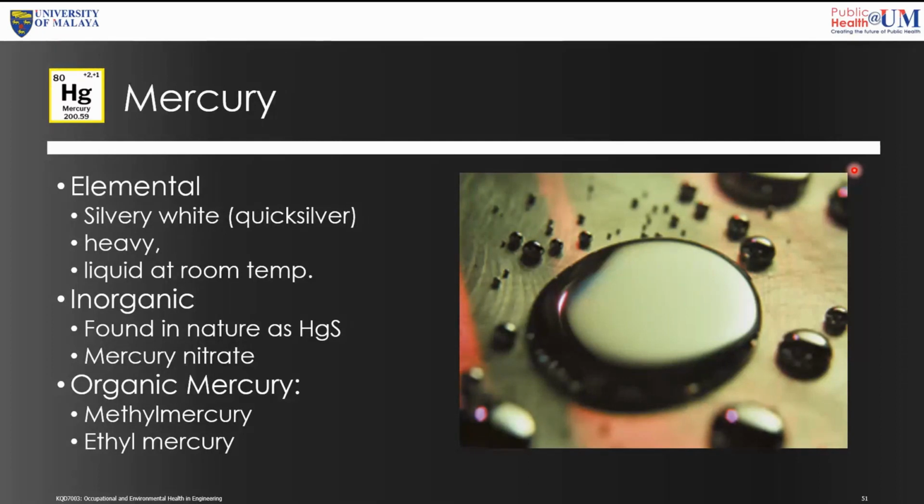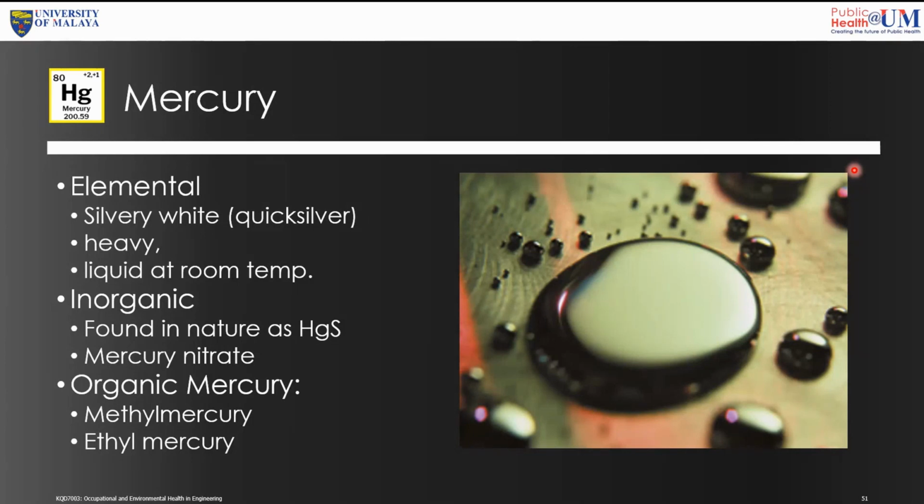Mercury is associated with a lot of issues when we talk about environmental exposure. There are also occupational risks of exposure to mercury. Mercury is used in some types of manufacturing, especially for the extraction of metals, especially gold.